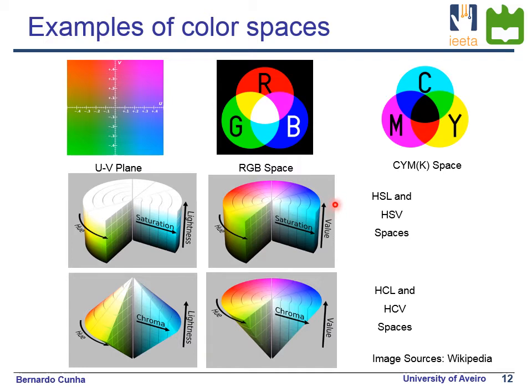of the luminance. An alternative to this one is this one here, which is called HSL instead of HSV. And the difference is only that instead of using value, here we use lightness. And lightness, in fact, is closer to luminance, because the idea is that if you are at the top of lightness, you have no color because all the sensors are fully saturated, which means that, for instance, in an RGB system, all the components R, G, and B will be at the maximum.